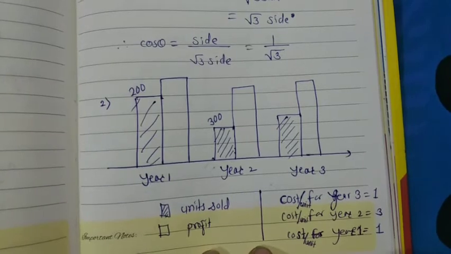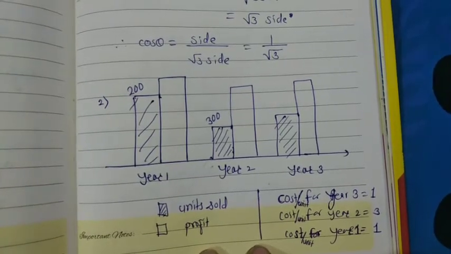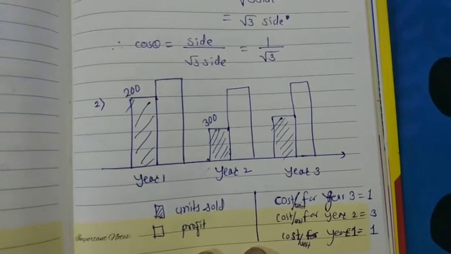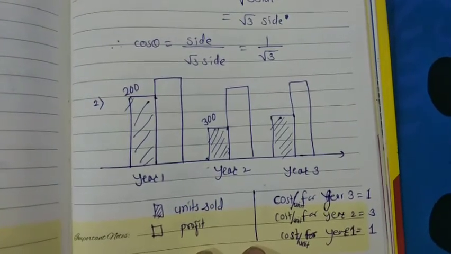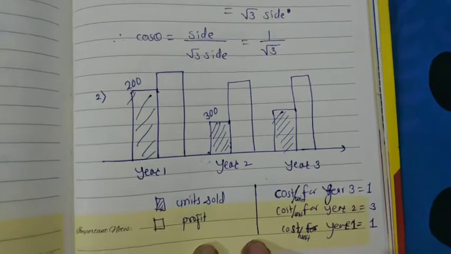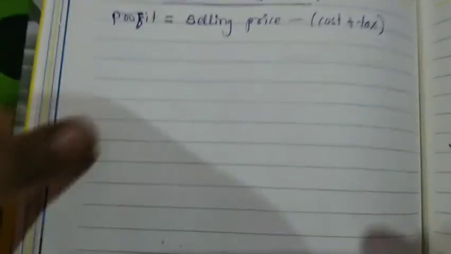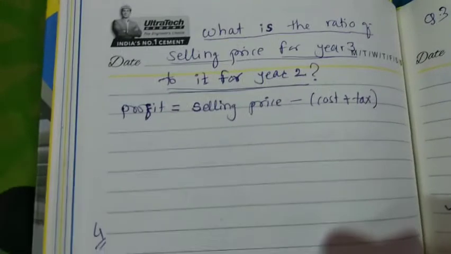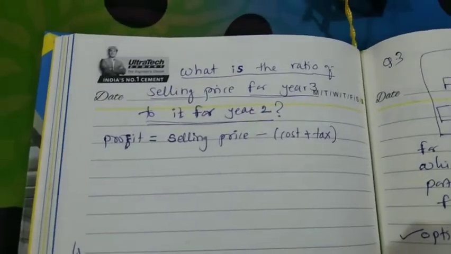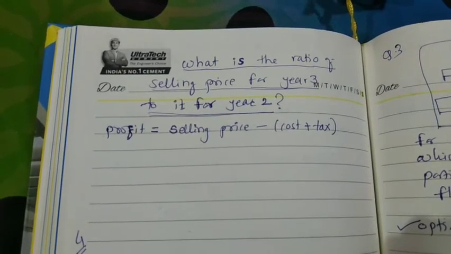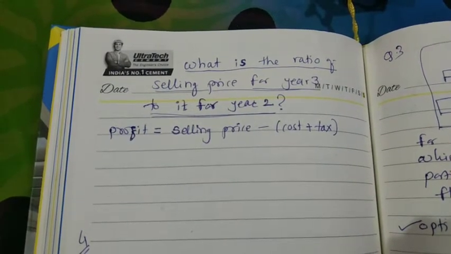For year 1 the cost is 1 rupee per unit. For the second year it is 3, and for the third year it is 1 rupee, the same as year 1. From this we have to calculate the ratio of selling price. What is the ratio of selling price for year 3 to the selling price for year 2?